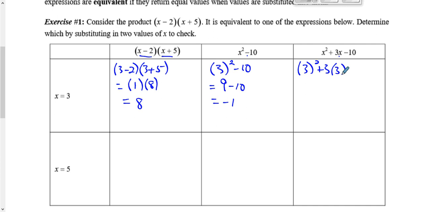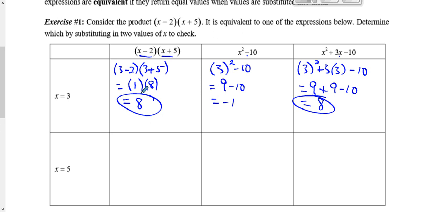It looks like 3 squared again, effectively, right? Minus 10. 9 plus 9 minus 10. It's 18 minus 10. 8. Oh, hey. So it looks like those two match, right? We could do it again with 5, and I can assure you that it will come out the same, right?